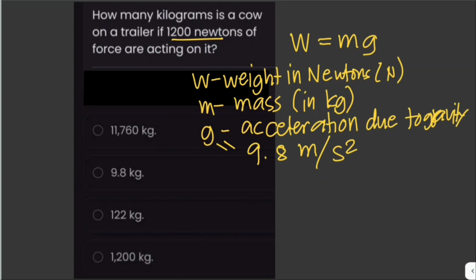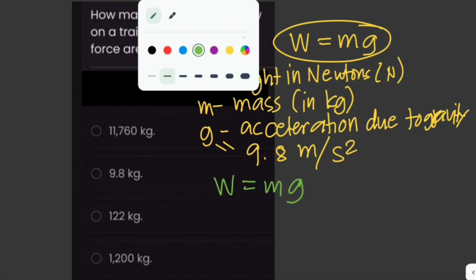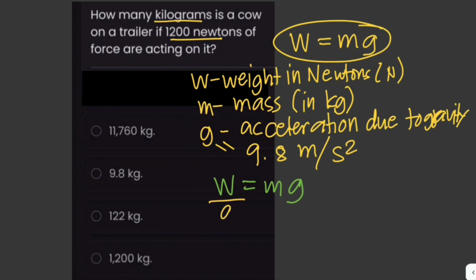Since we are asked to solve for the mass in kilograms, we just have to derive this formula to solve for the mass. To do that, we divide both sides of the formula by g.